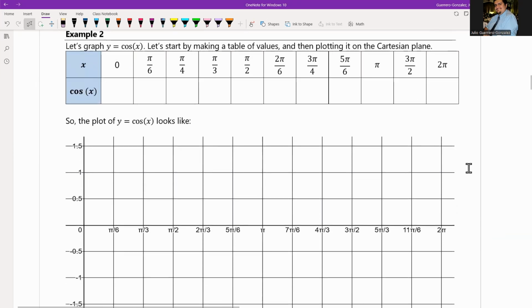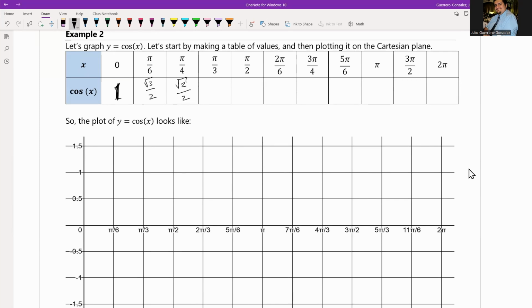Next one is cosine. We're going to do the exact same thing. When you do cosine, when your x variable is 0, the cosine for it is going to be 1. Again, from the unit circle. Pi over 6, root 3 over 2. Pi over 4, square root of 2 over 2.